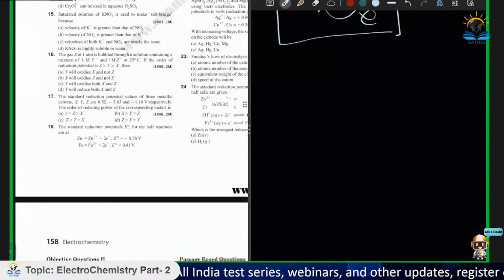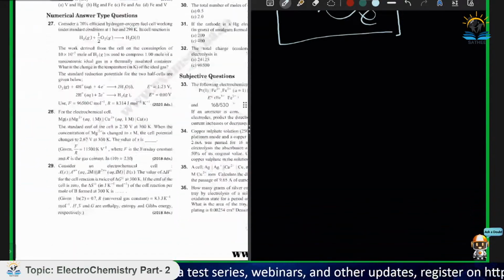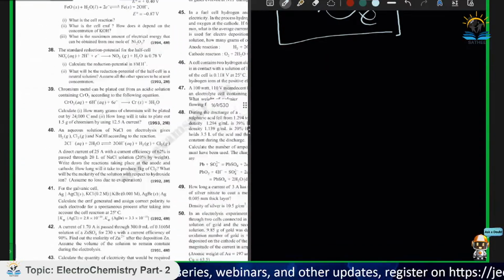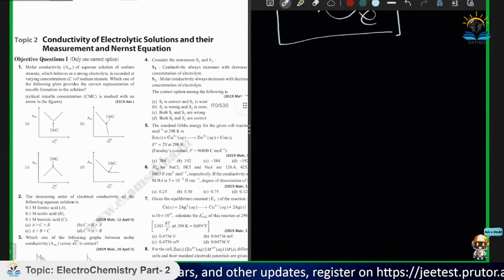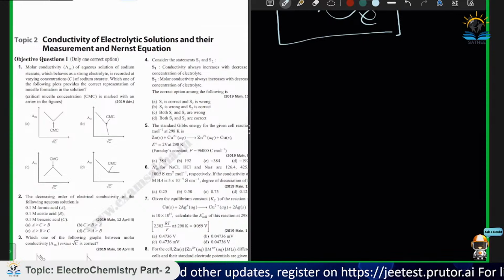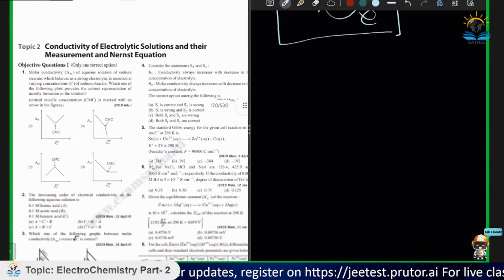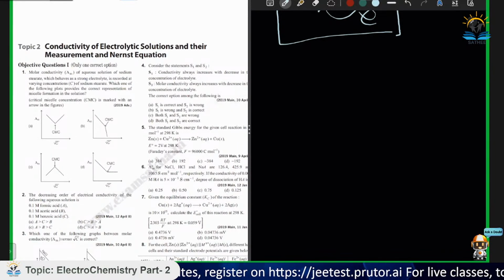Another set of questions. Conductivity of electrolytic solutions and their measurement. Molar conductivity of an aqueous solution of sodium stearate, which behaves as a strong electrolyte, is recorded at varying concentrations of sodium stearate.